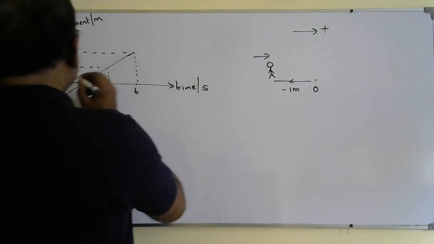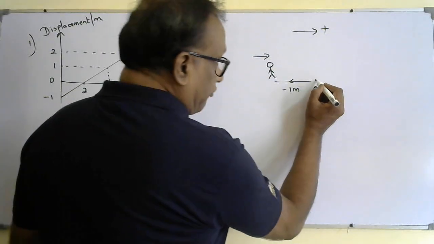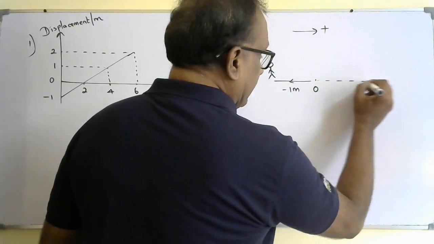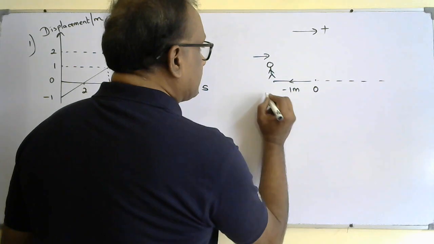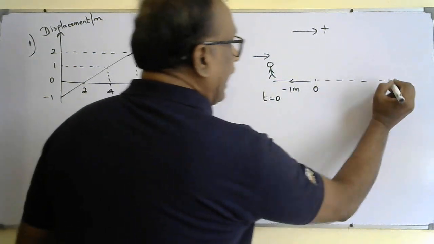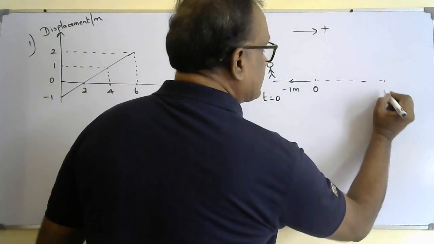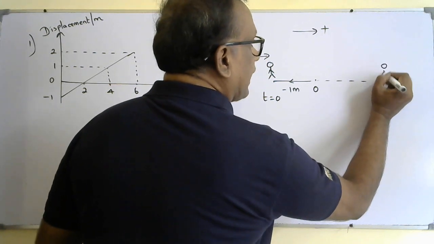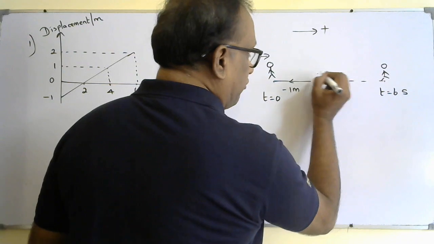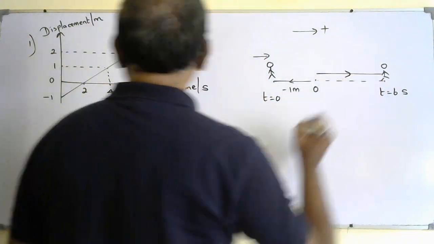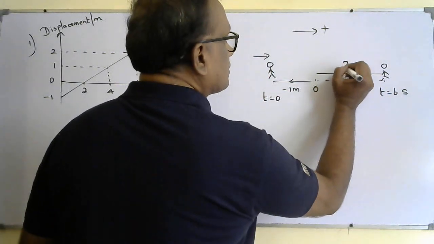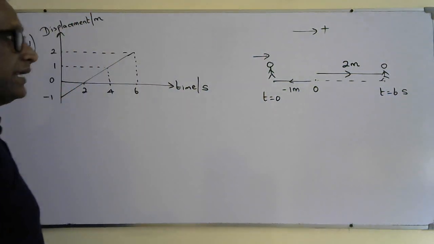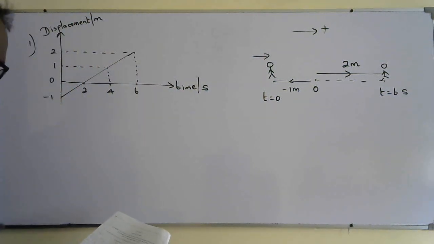Finally the displacement is plus 2 from the reference point. This is at time t equals 0, then at time t equals 6 seconds, he is here. The student has come to this position, which is 2 meters from the reference point. What is the displacement of the student?